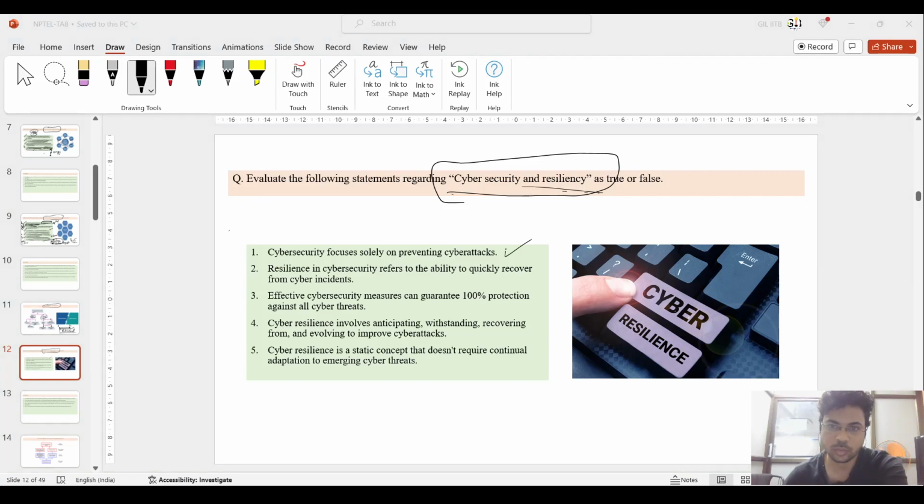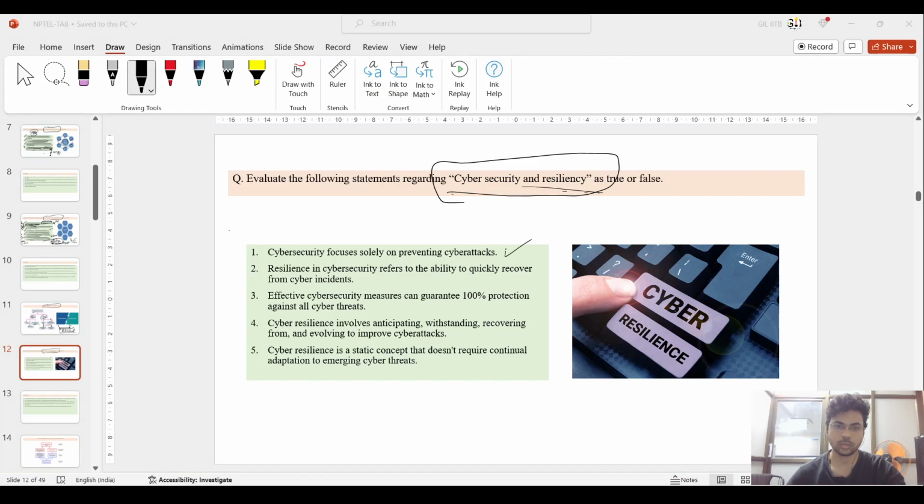Okay, go through these statements and tell me which statements are true. Okay, first to fourth are true and the fifth is false.